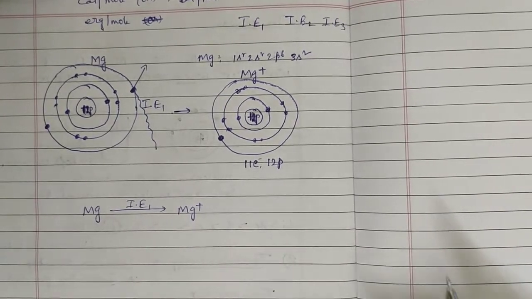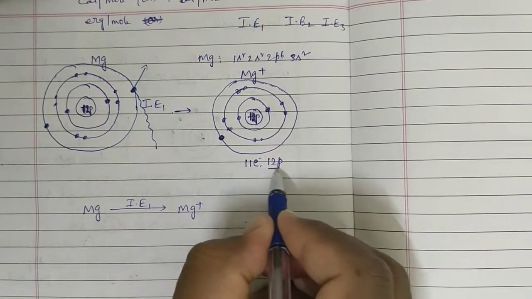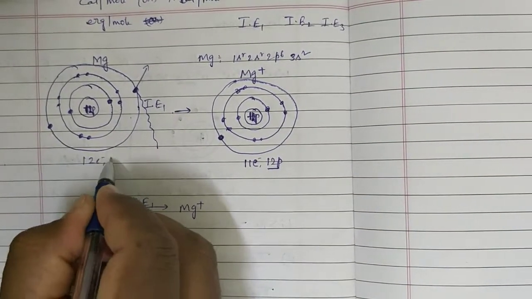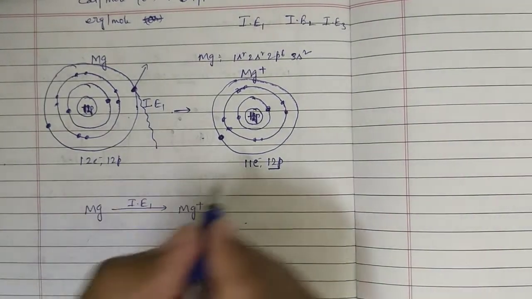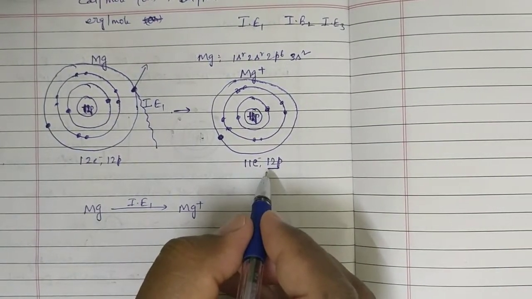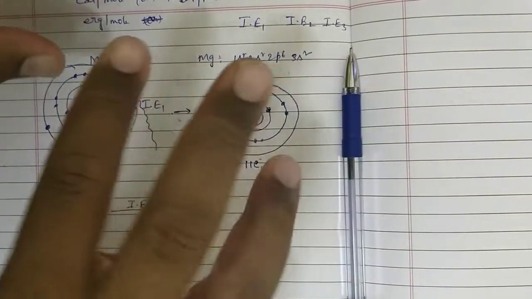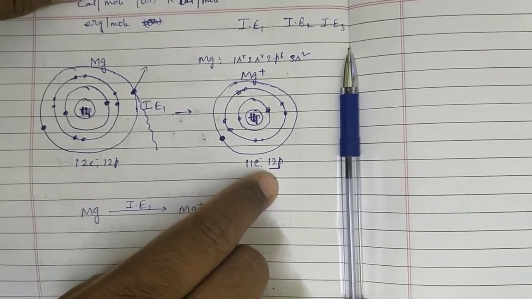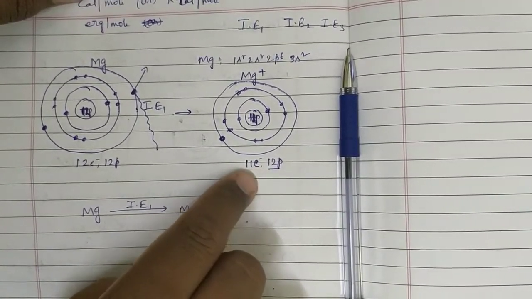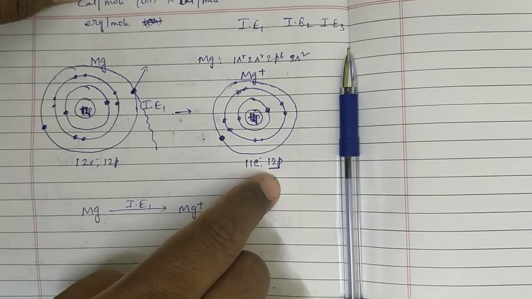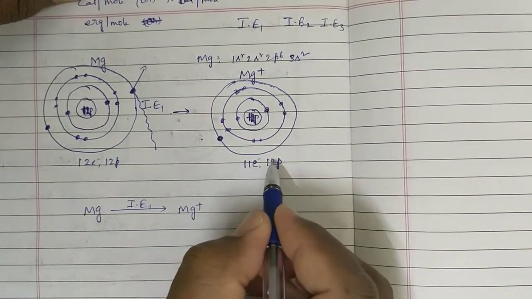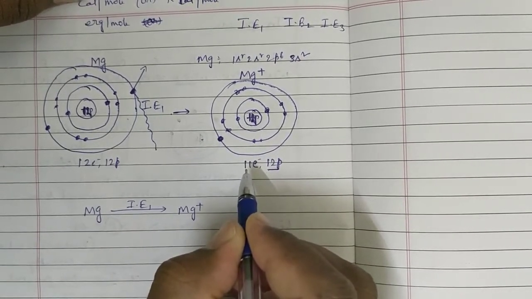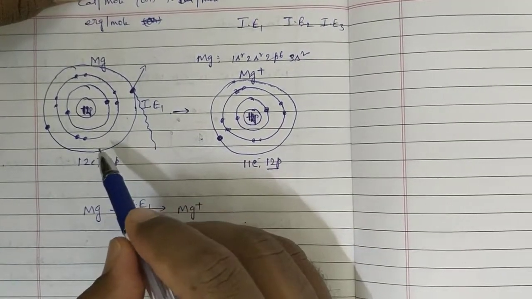Is it correct or not? Then nuclear charge is greater when compared to electrons. Previously, 12 electrons are attracted by 12 protons. But here, 11 electrons are attracted by 12 protons in Mg plus. Number of electrons is smaller than protons number. Then this nucleus will hold the electrons very strongly when compared to previous neutral state.